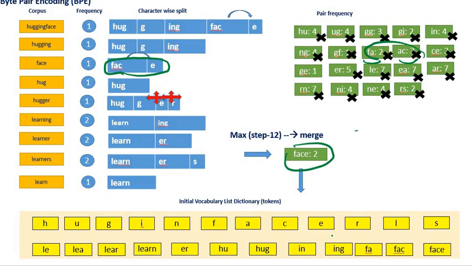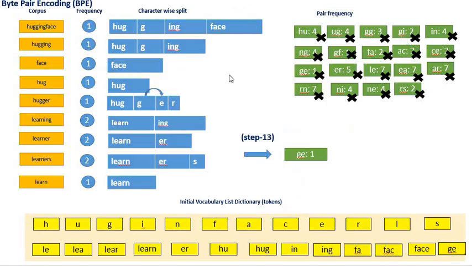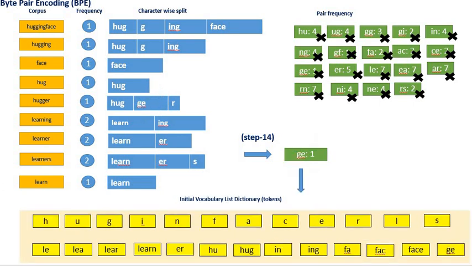And we put it here in the final dictionary. And like that, G. So it is the next one. It's 1, right? So you can put it in the final dictionary vocabulary list. Similarly, G we can also put in the list.